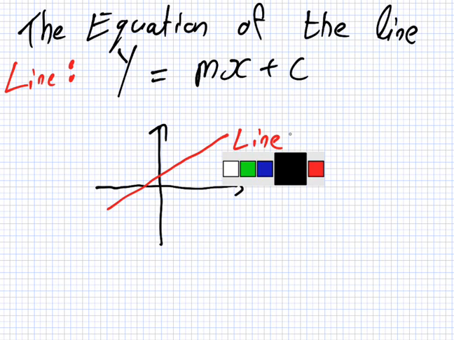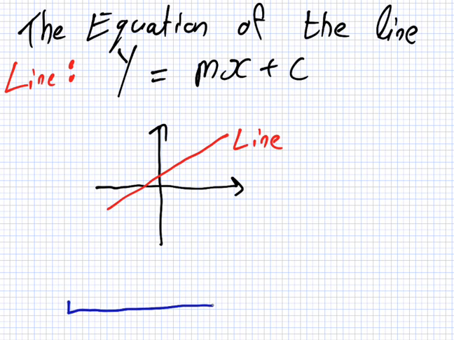So some more vocabulary now. We call it equation of the line, but there's another word for it, an adjective. I'll give you a hand here.